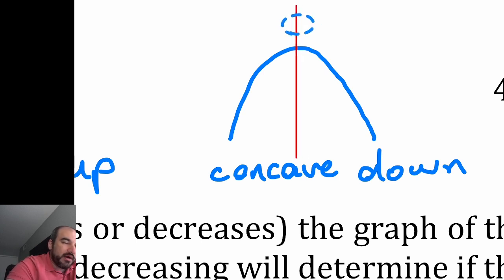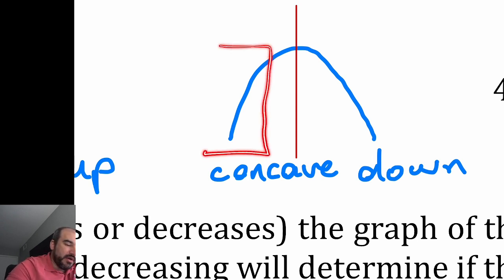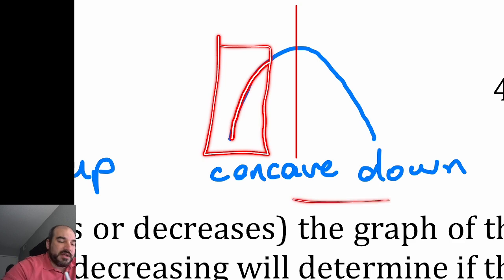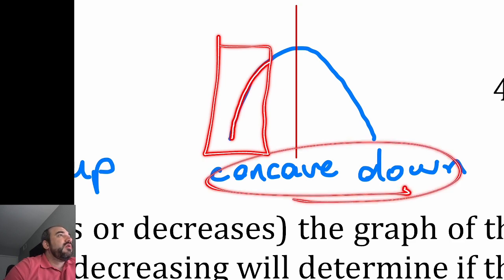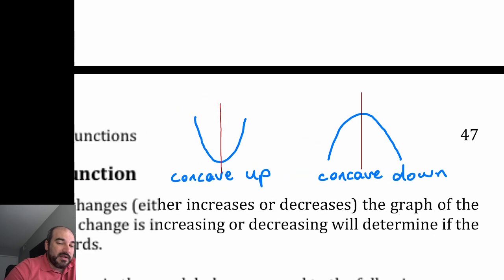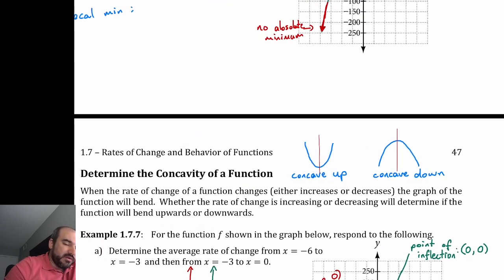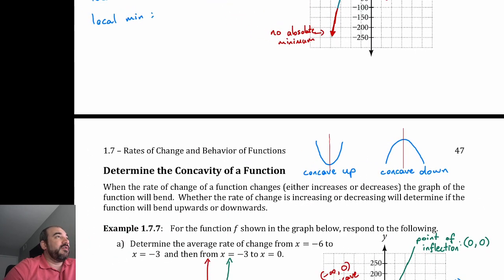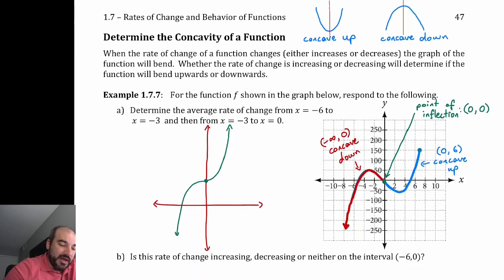So anywhere on this, if we zoom into a window like this, as long as it's part of a downwards U-shaped part of a graph, that's considered concave down. Right? So now that we understand that, hopefully, the graph doesn't necessarily have to turn for it to be considered concave up or concave down.